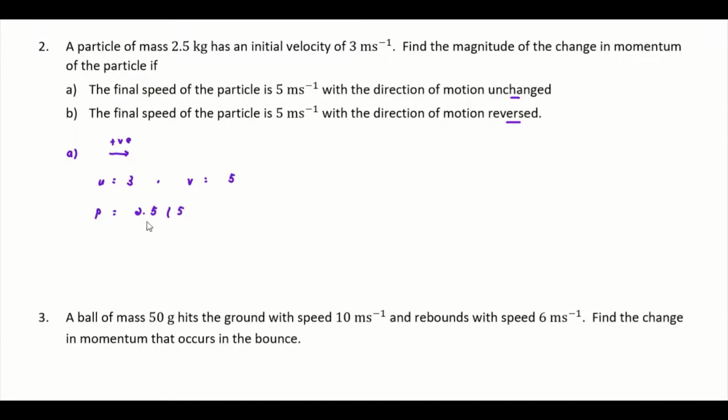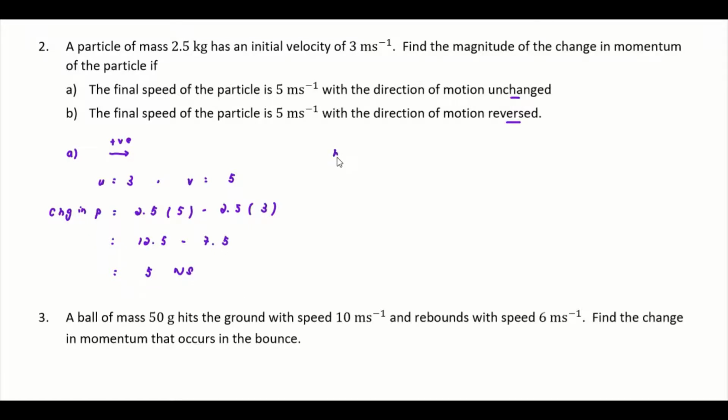Same thing, if you want to factorize you can, or if you want to do it the normal way you can. So 2.5 times 5, minus 2.5 times 3. When you subtract, we have 12.5 minus 7.5, which is the change in momentum, sorry, I should write change in momentum. It will be equal to 5 newton seconds.